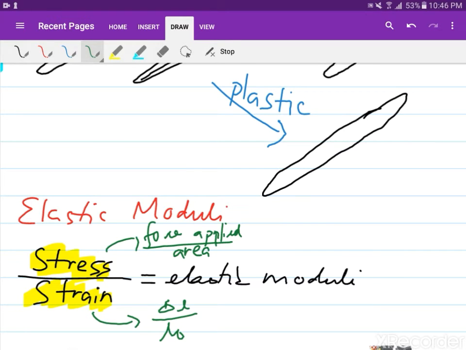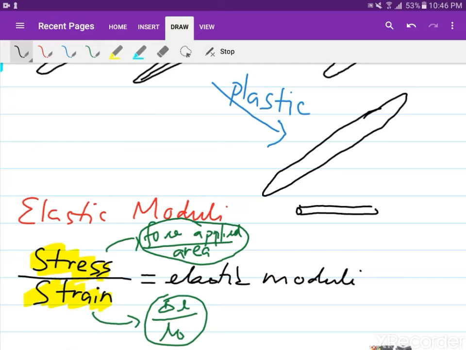So for the purpose of having an insight on these two quantities, consider two metal rods. One is, say, aluminum, and the other is a steel bar. For these two metal rods, we will apply a force in opposite directions.